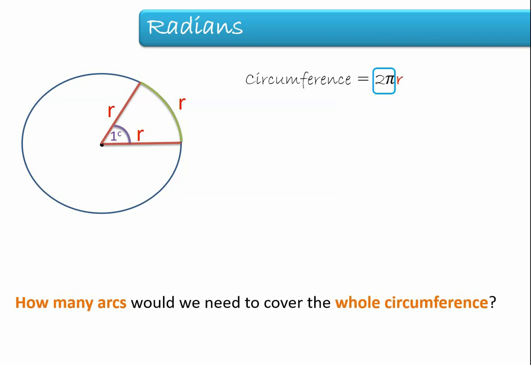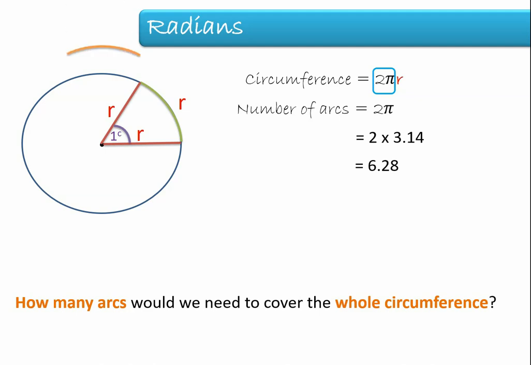So we need 2 pi radiuses to go all the way around, and all the way around is 360 degrees. So the number of arcs needed is 2 pi. Well, that's a difficult number to deal with because it's irrational. But roughly, we could say it's 6.28 arcs all the way around.